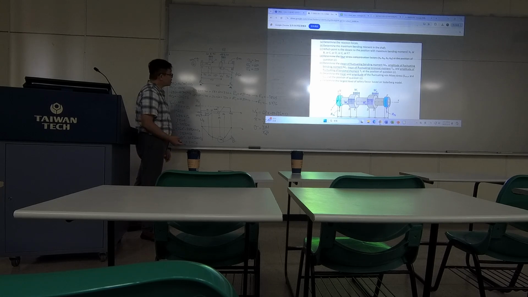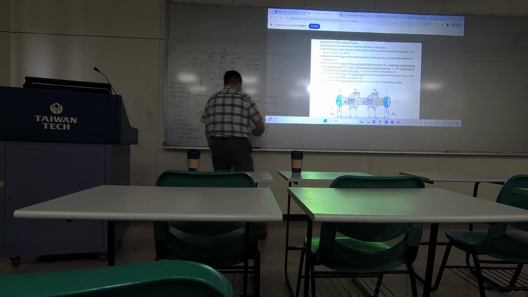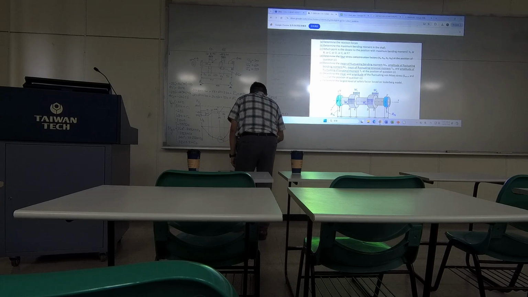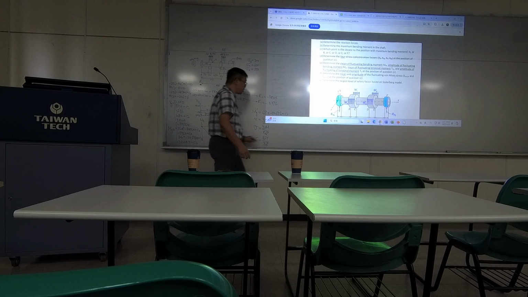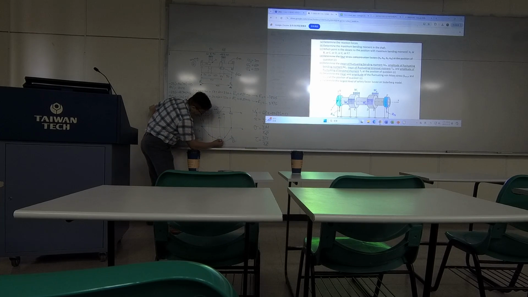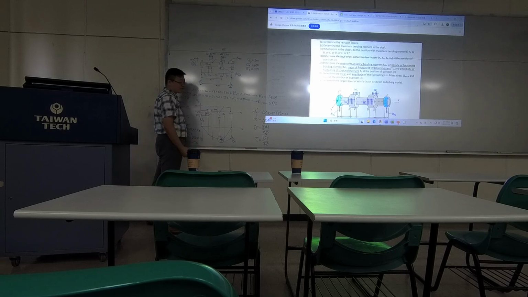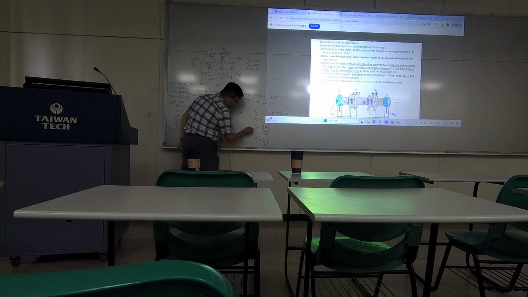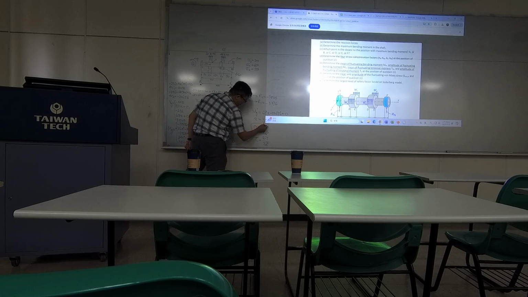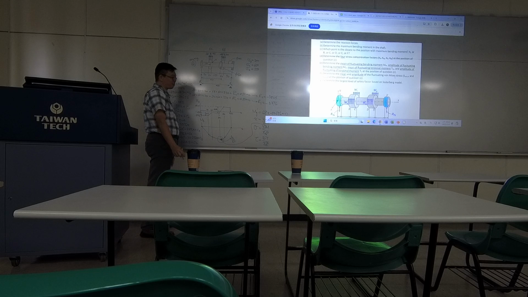And then how about the shearing stress? It's 16T over pi d cubed. So the moment can be determined by obtaining this greatest moment. That value is basically this M right there.